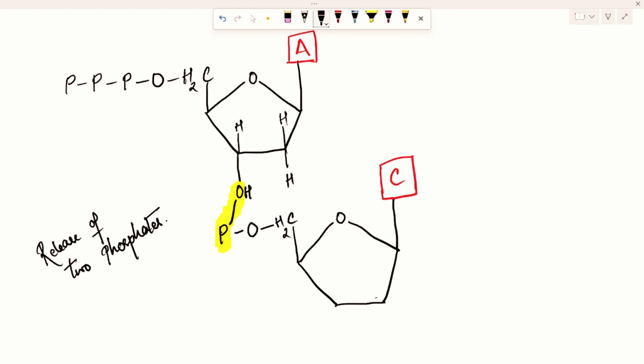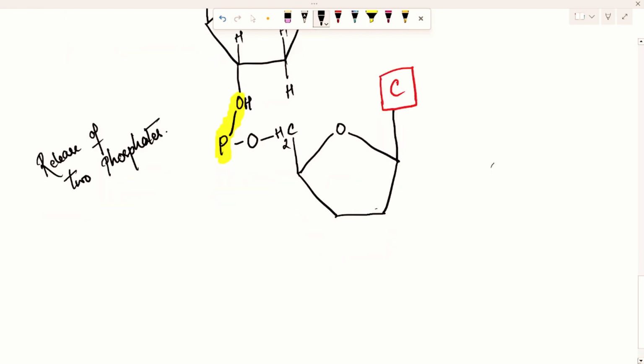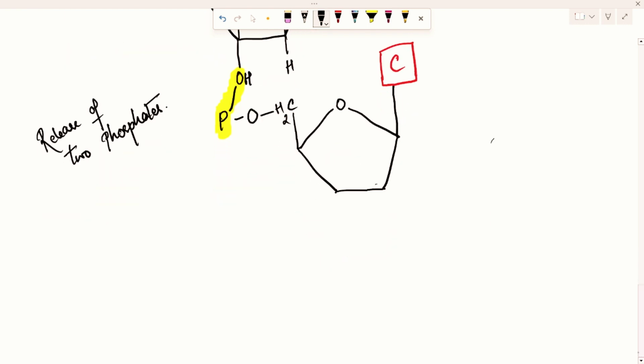Now again, a third nucleotide will come. Let this nucleotide be a guanine nucleotide.